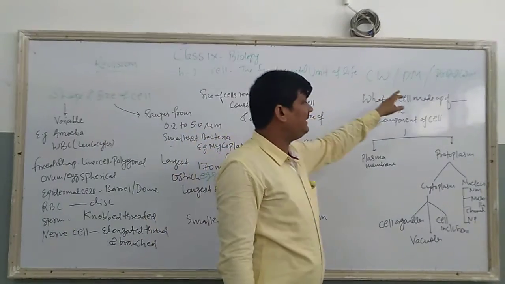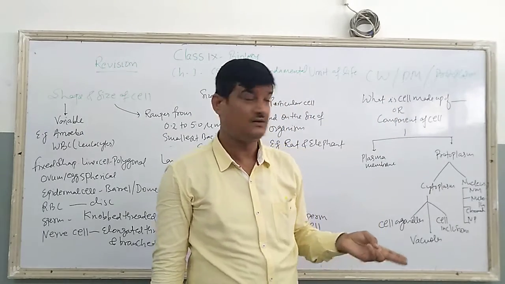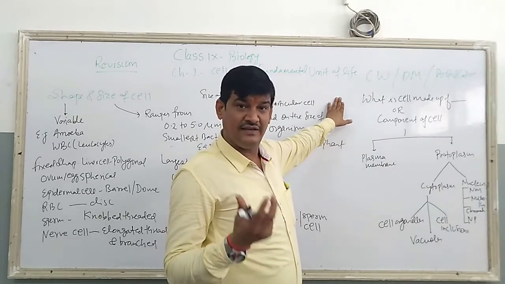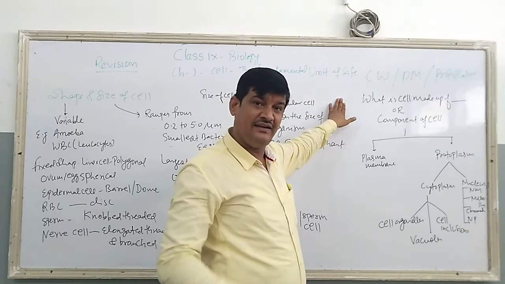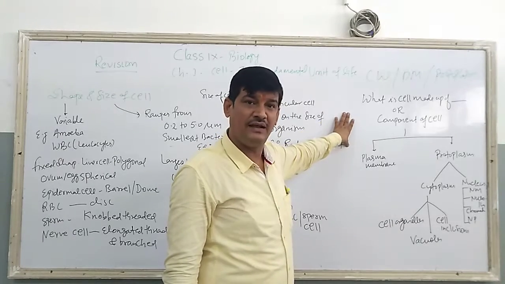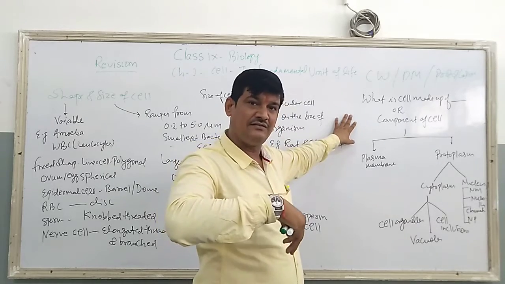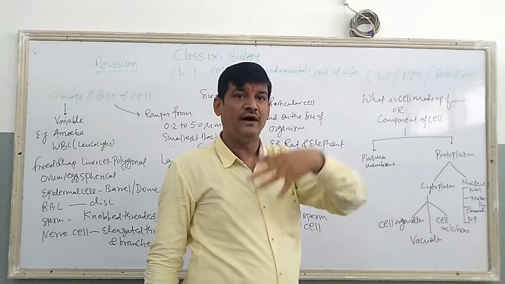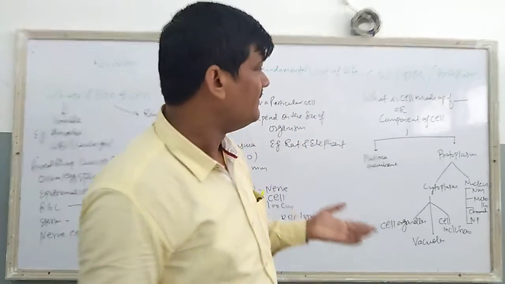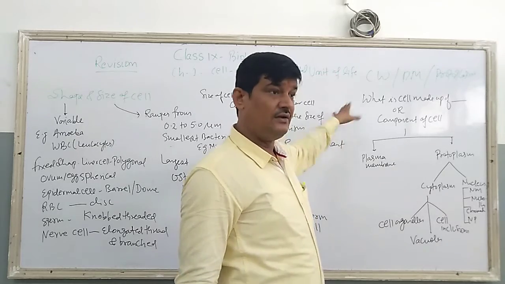Now the question is, what is protoplasm and what is protoplast? Protoplasm is the viscous jelly-like fluid inside the cell. It is spread from the plasma membrane. So below the plasma membrane, also called the cell membrane, we find the liquid, semi-solid, viscous, jelly-like fluid that is called protoplasm. But what is a protoplast?